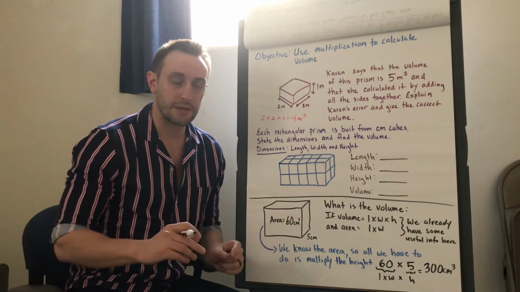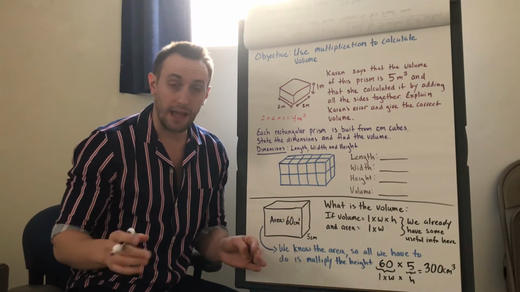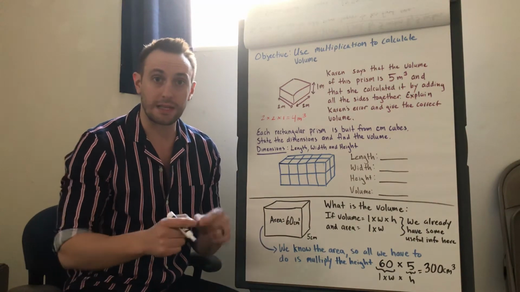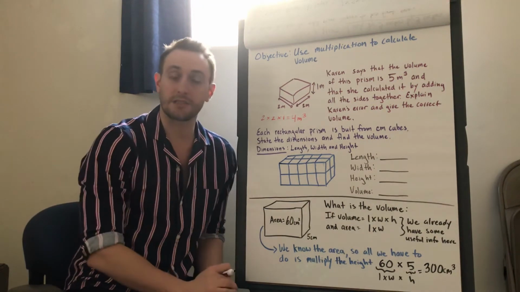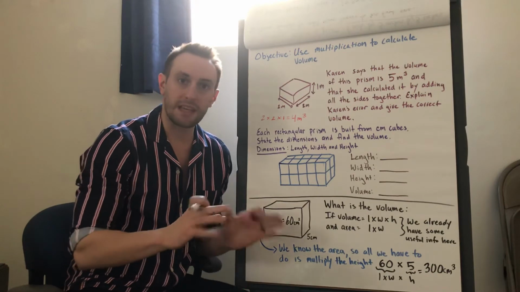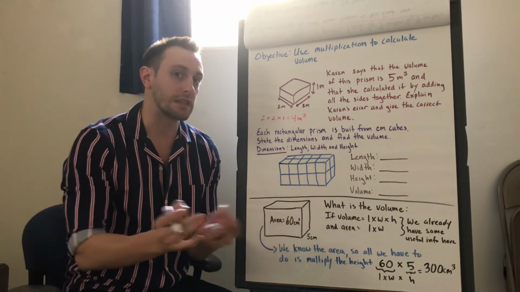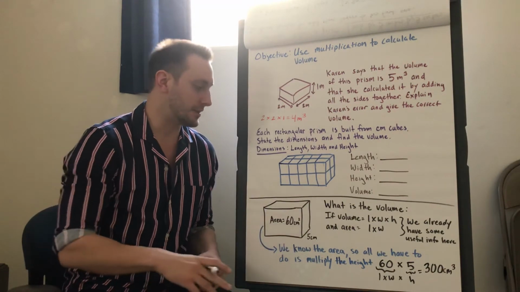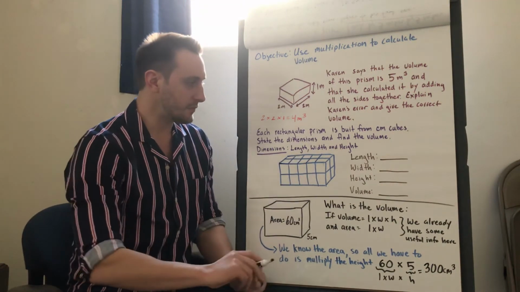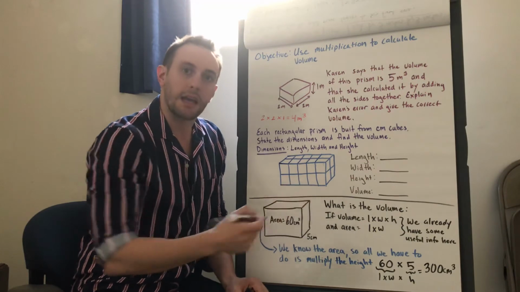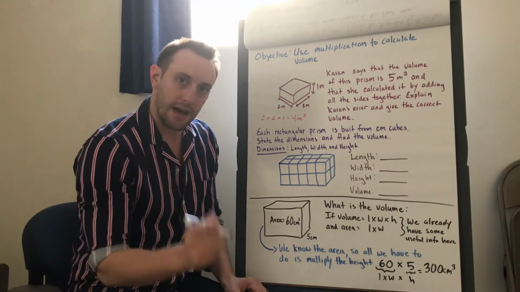You can have a filing cabinet, and to figure out the dimensions, you measure the length, the width, and the height. Remember last lesson I was explaining about me selling one of my keyboards, and I needed to know the dimensions, the length, the width, and the height. So we're going to figure out the volume of this by figuring out the length, the width, and the height.